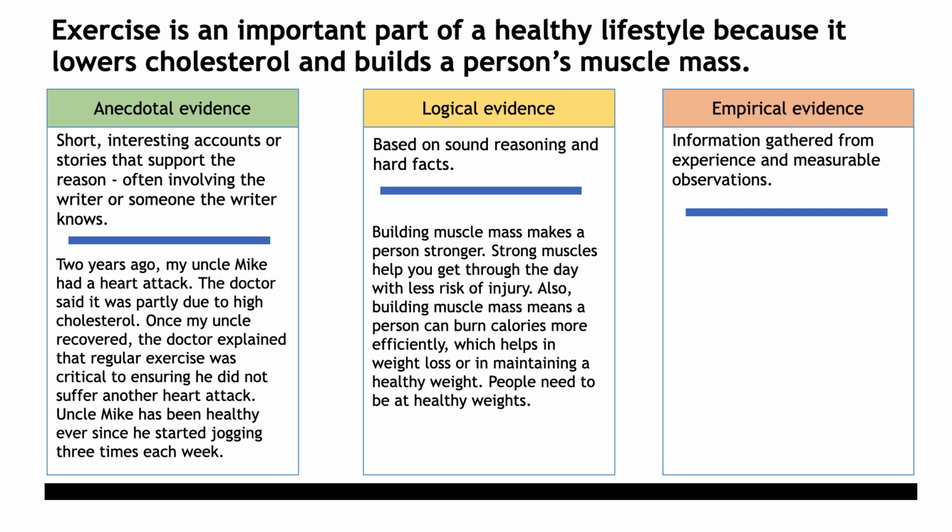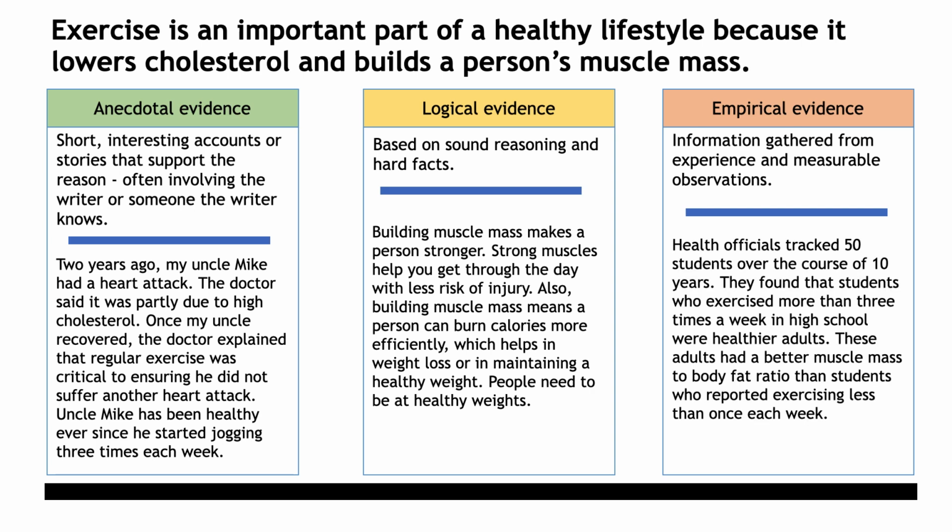Empirical evidence refers to information or data that's been gathered from either experience or measurable observations. An example might read like this. Health officials tracked 50 students over the course of 10 years. They found that students who exercised more than 3 times a week in high school were healthier adults.